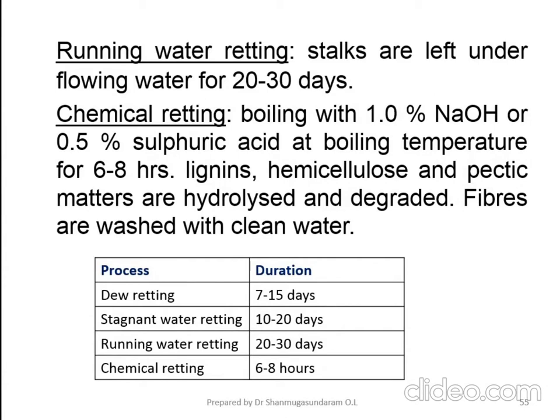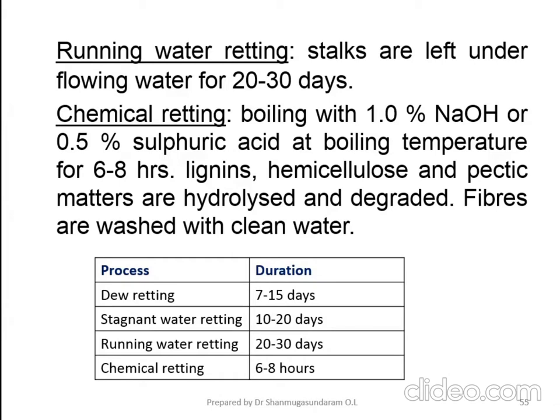So which retting would you prefer for the extraction of fiber from the plant? Please tell me. Chemical retting. Yes, because it takes only 6 to 8 hours. Okay, so that is the reason you are choosing chemical retting.